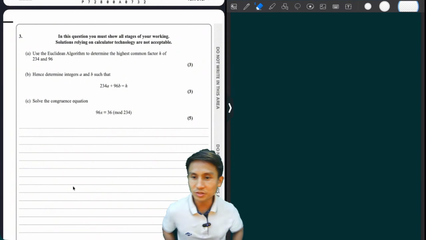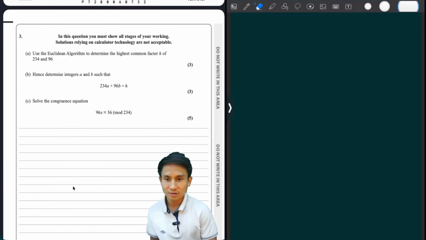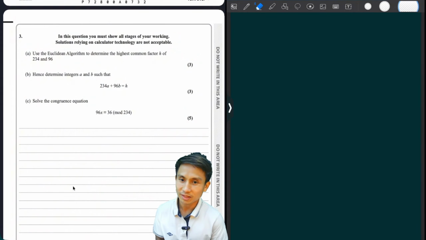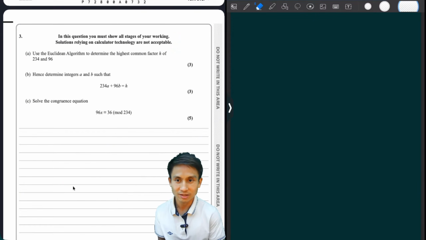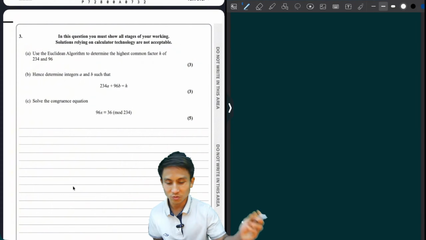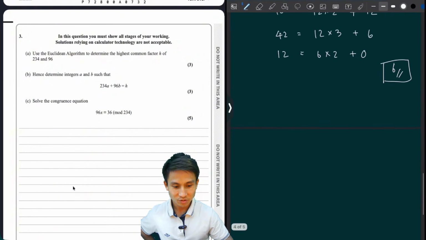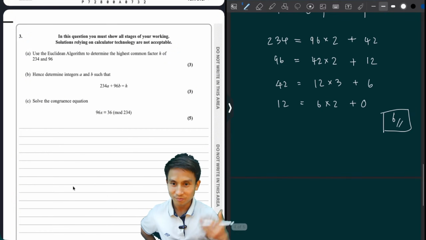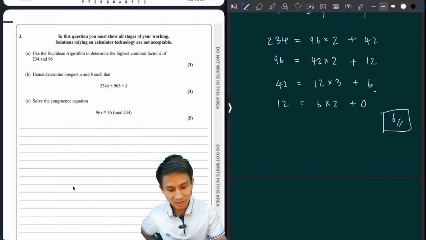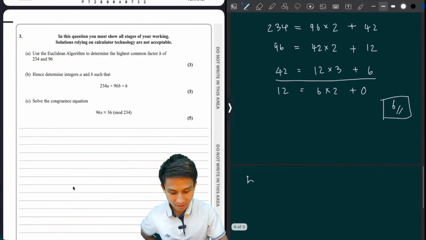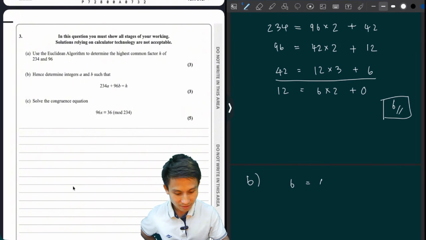Hence determine integers a and b such that we get that form. And don't forget that h is still the highest common factor. So if we start from the end, trace back, it's like backward substitution here. So we start from this line where 6 is the subject then, 42 minus 3 times 12, yeah?